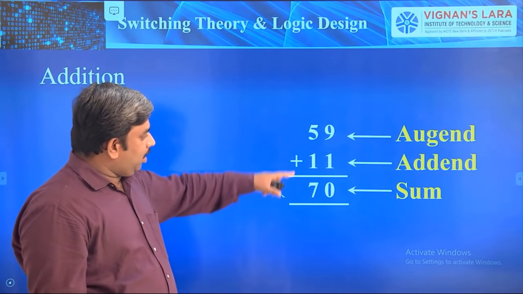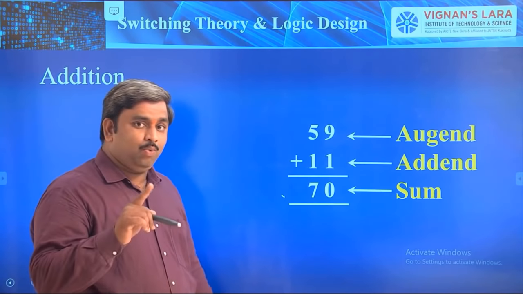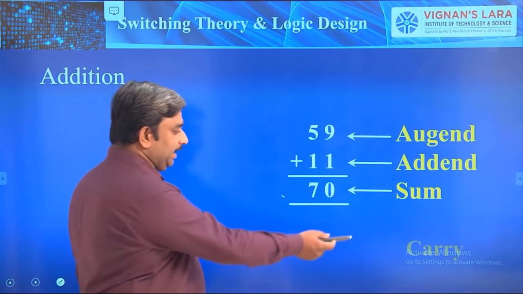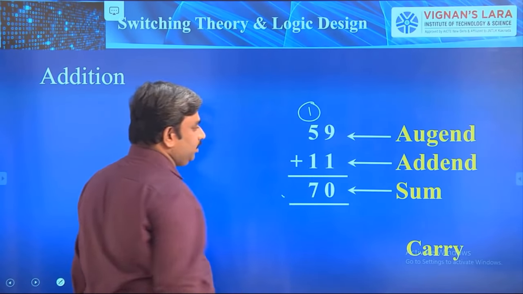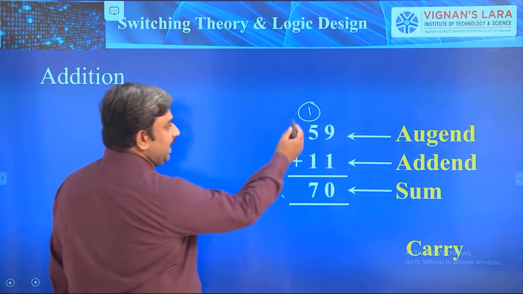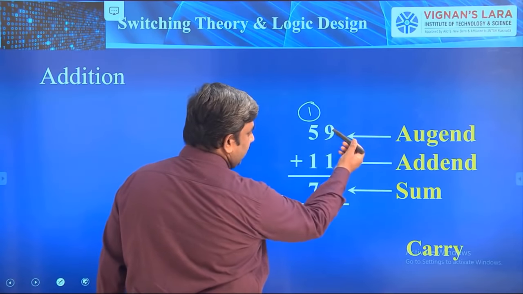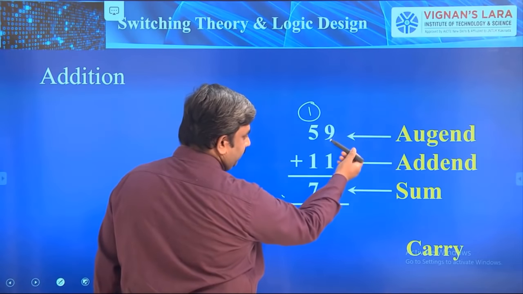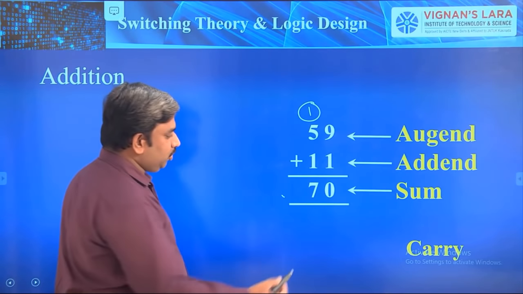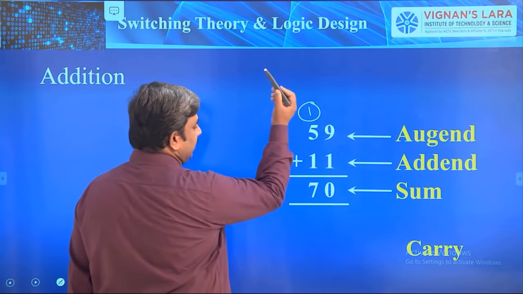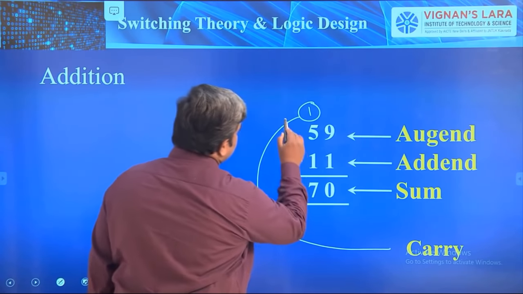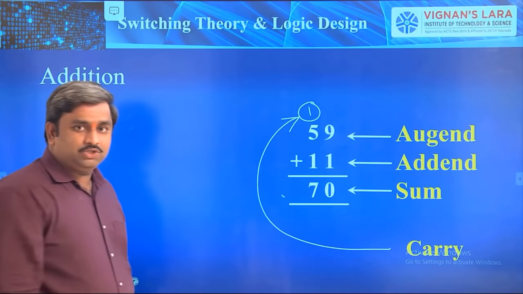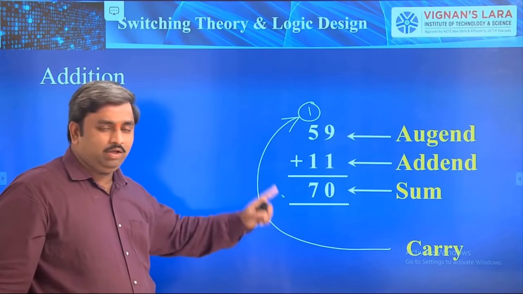Other than this, we have one more item, called carry. What is the carry here? 1 is the carry. How does this carry come? We add 9 plus 1 and get 10, so we place 0 here and 1 here. This one is called carry. Remember this point.